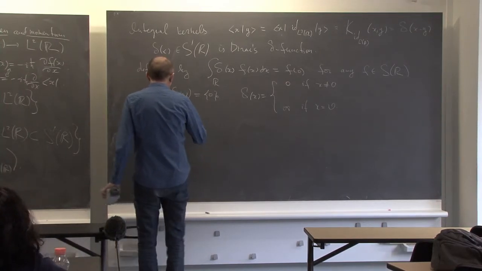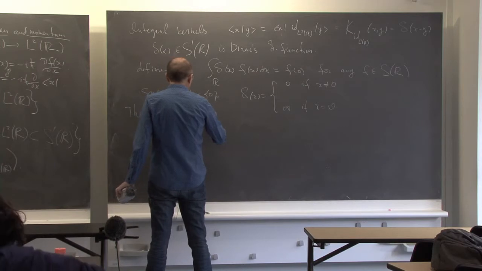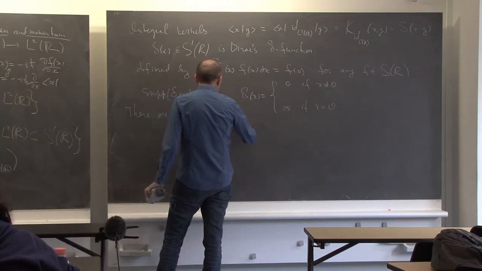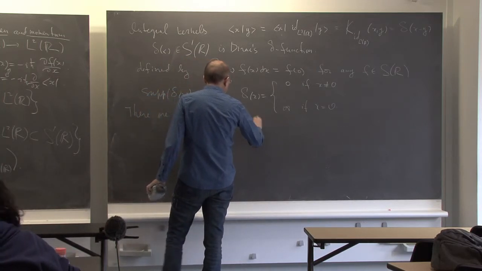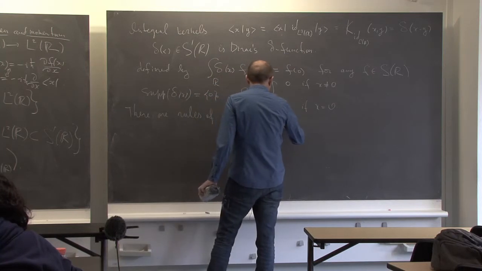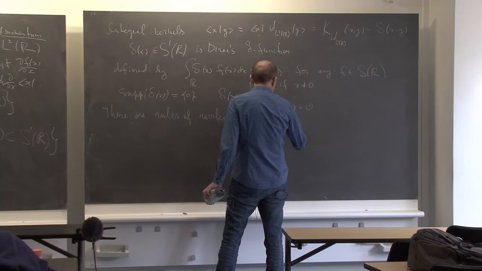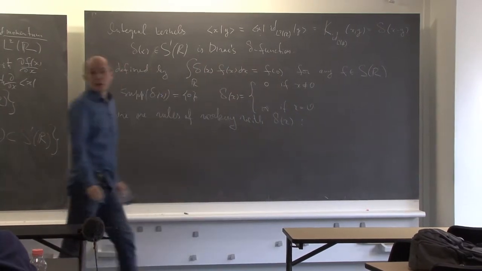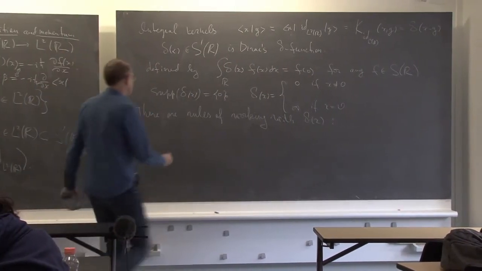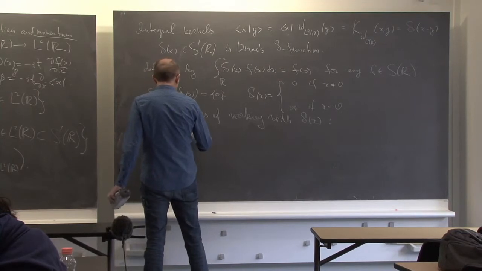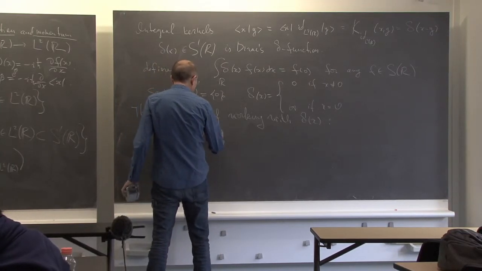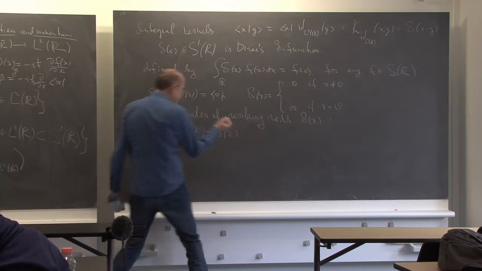But there are rules of working with delta of x. What kind of rules? For example, if we take minus x, this will be the same as delta of x.